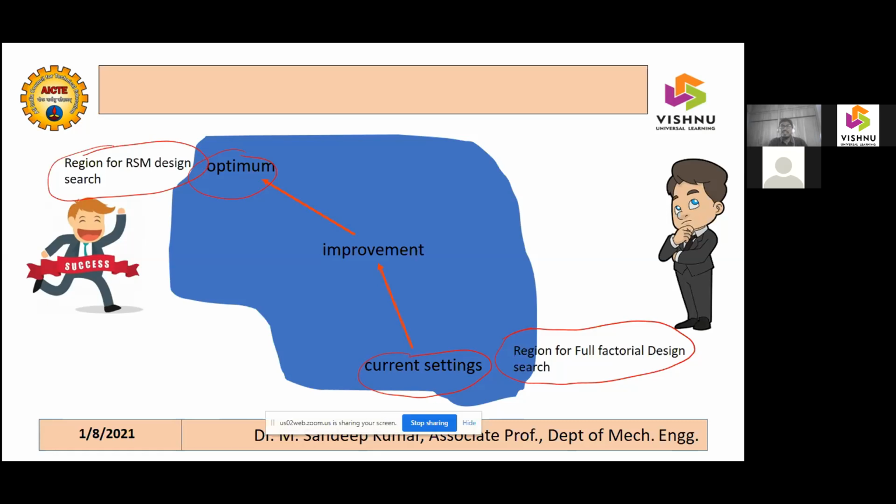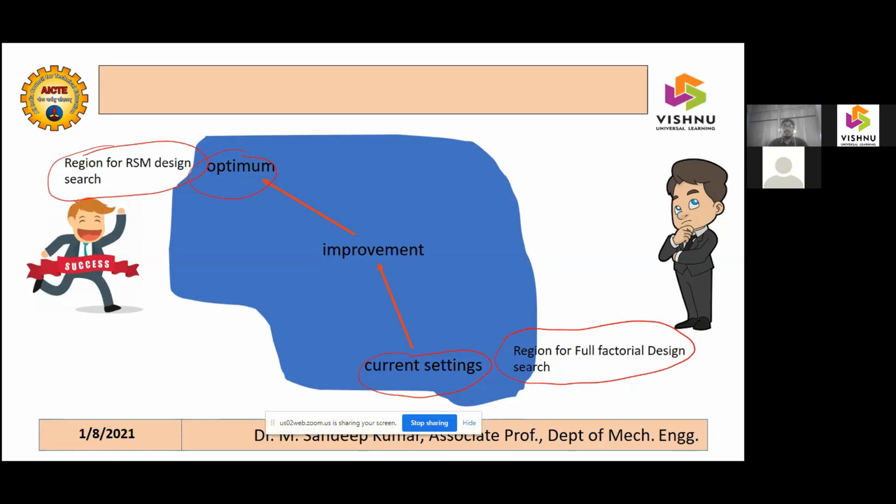So why should we, when we have all this privilege? It is just a statistical tool. There isn't any hard and fast rule that you have to go with RSM. You should know what the requirement is. What are you searching for?